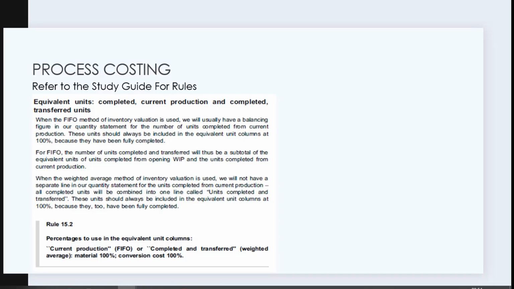We will see more examples that illustrate that. And when you are using a weighted average method, we will not need to separate the lines, remember, because there's no difference between prior period and current period.